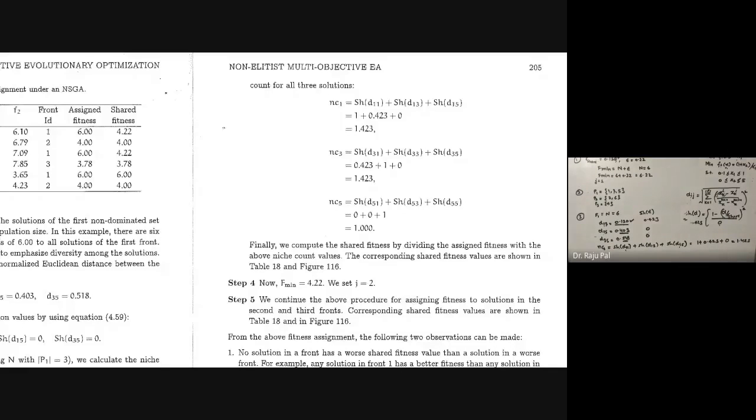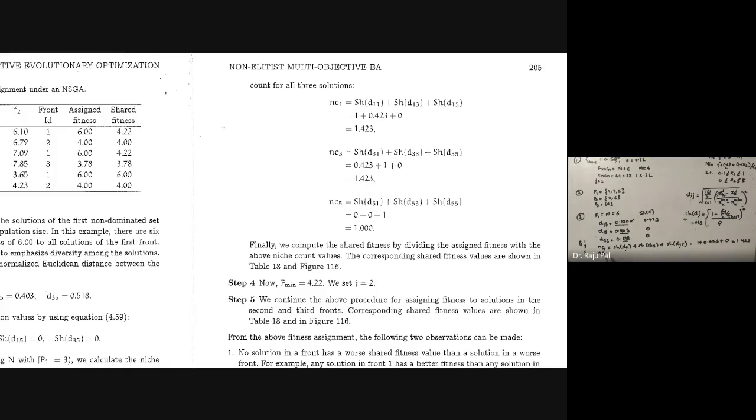Now, similarly, we need to calculate the niche count for the third solution, because front 1, P1, contains 3 solutions: the first, third and fifth. So we need to calculate the niche count for the first solution, the third solution, and the fifth solution.